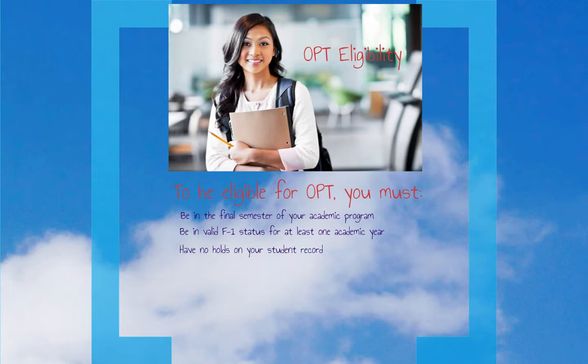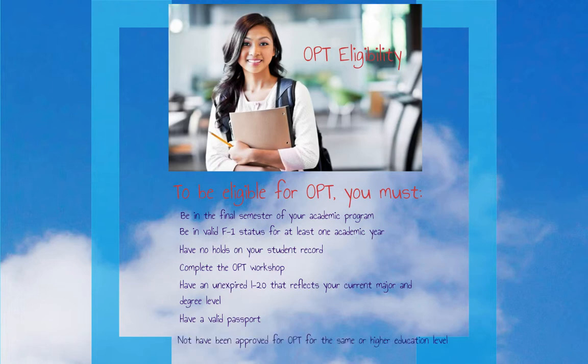Have no holds on your student record and no balance owed to the university. Have attended an in-person OPT workshop or completed an online employment workshop within the last semester. Have an unexpired I-20 that reflects your current major and degree level.